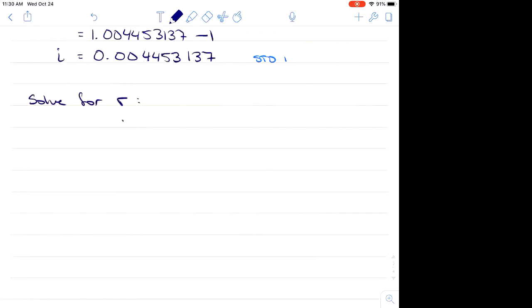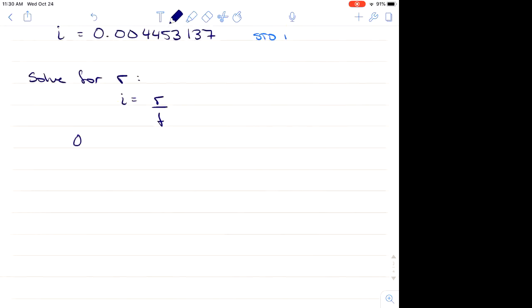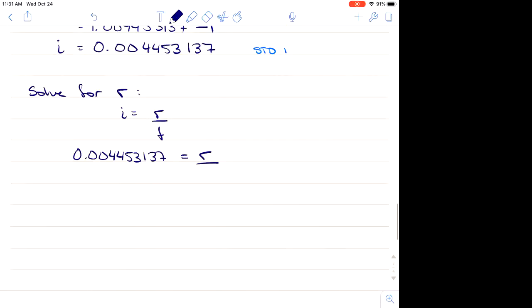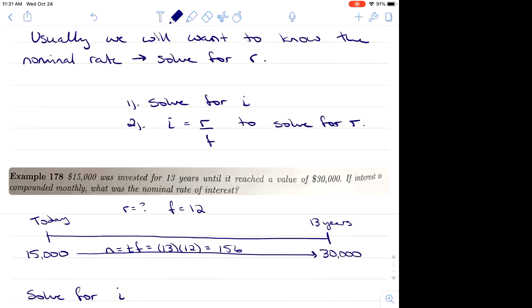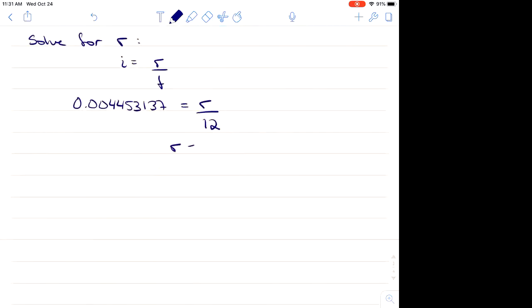Solving for R, we have I equals R over F. So I is 0.004453137, R is what we're trying to find, over F, which was 12. So multiplying both sides by 12, I've still got it on my screen. I didn't really need to store it, but I just wanted to show you again.